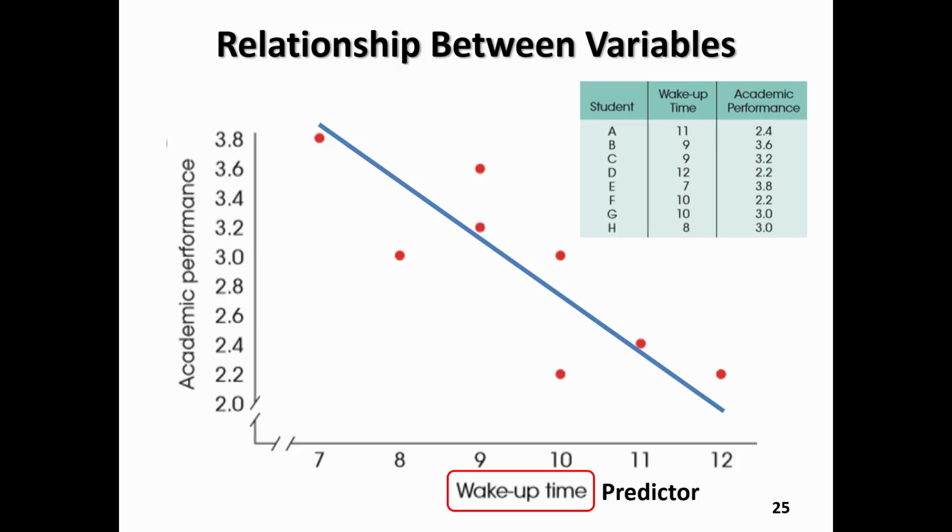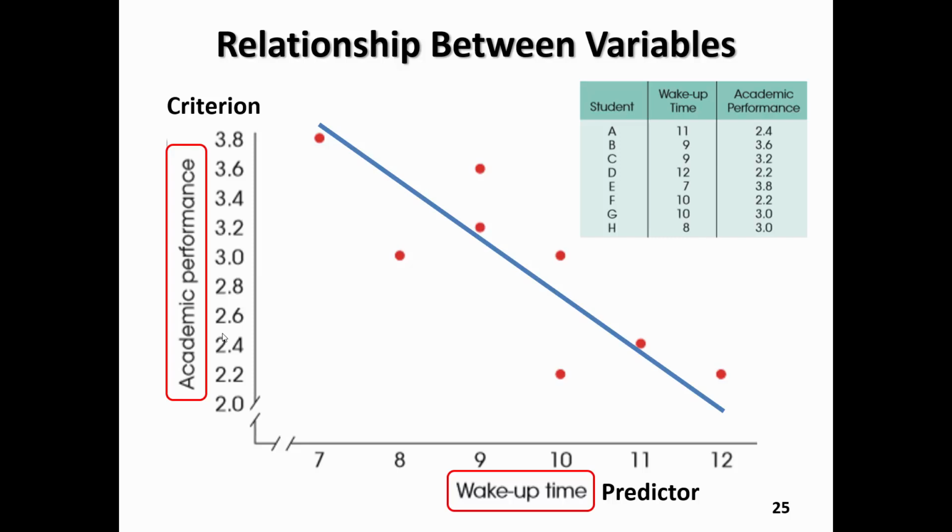But in terms of a correlational study, the independent variable term is replaced with the term predictor, and that is the wake-up time, as you can see here. And our y-axis, often referred to as the dependent variable, where the value depends upon what value is taken along the x-axis, in a correlational type of study we replace that term with the criterion variable.